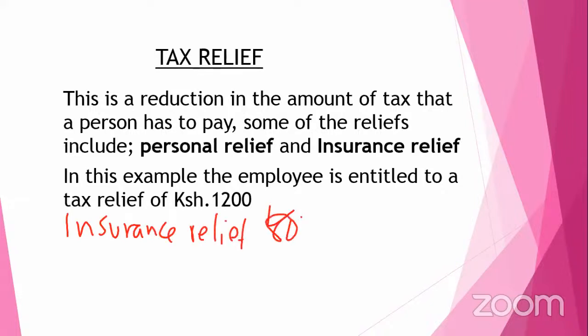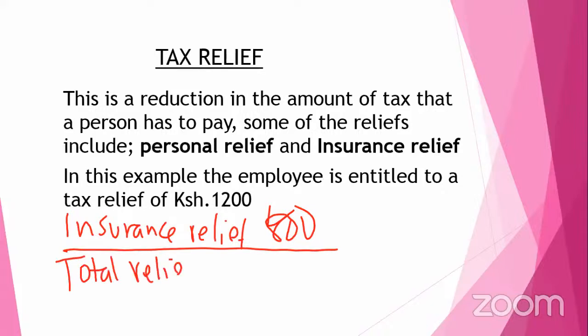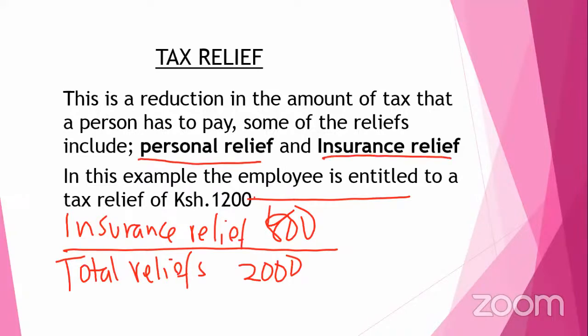Let's say insurance relief of 800. It should have come here. So the question is, what would be my total reliefs? My total reliefs would have been 2,000. But in this question, our relief is only 1,200. The point is, you can have more than one relief: personal relief, insurance relief, and many other reliefs.